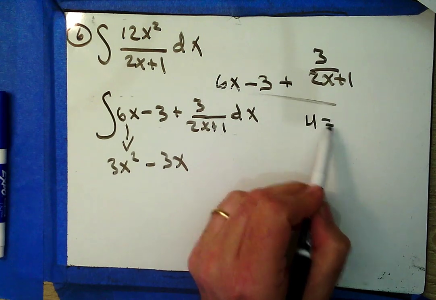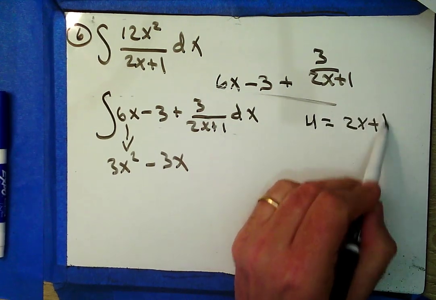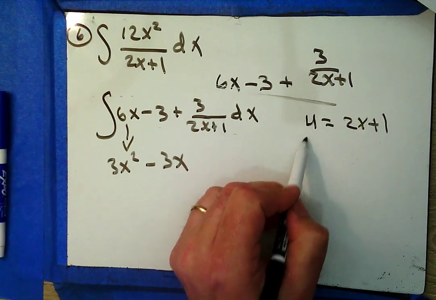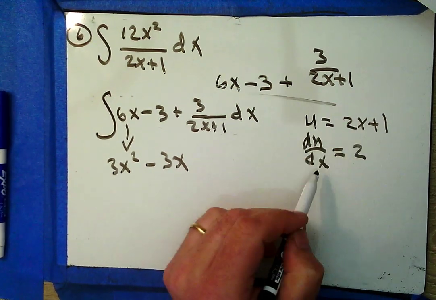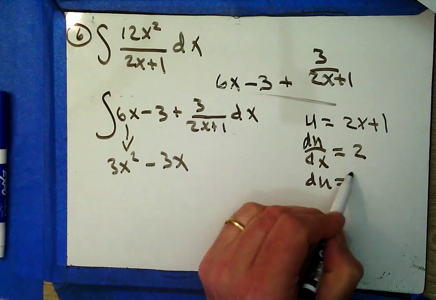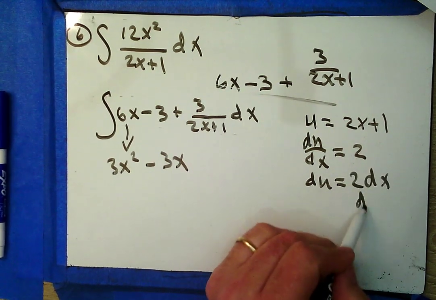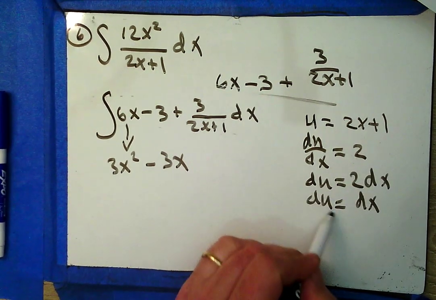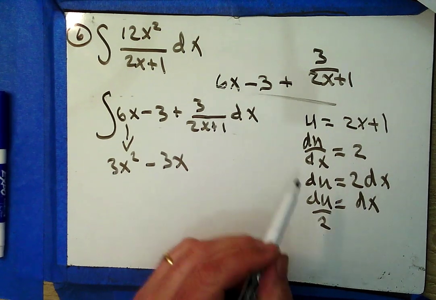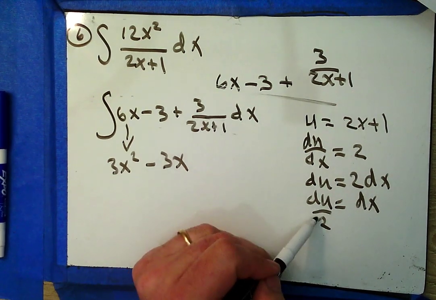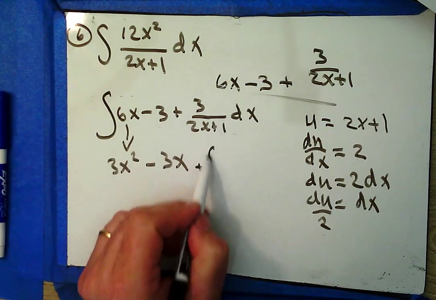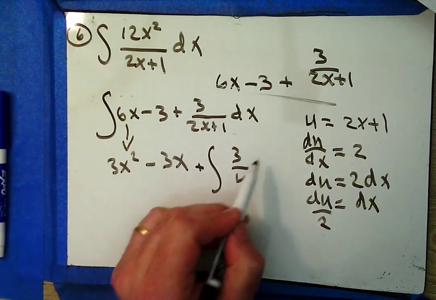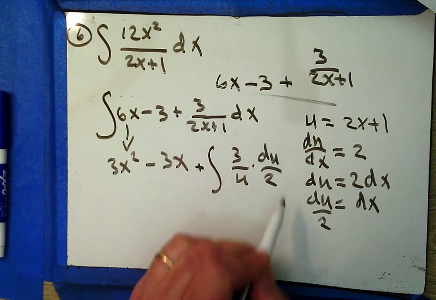I'm going to do a u sub here with u equal to 2x plus 1. I take the derivative of both sides, and I get 2. So du equals 2 dx, or dx equals du over 2. So I can replace this with du over 2, and I can replace this with u. And so I'm going to have 3 over u du over 2.